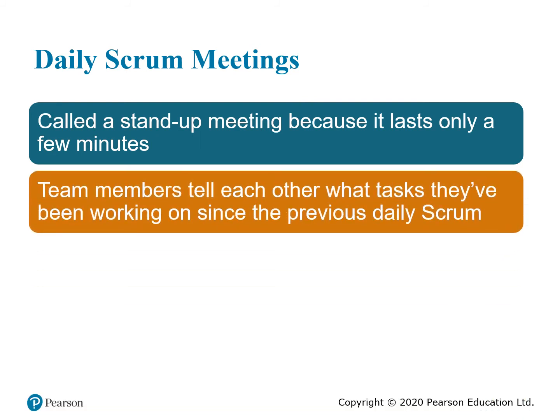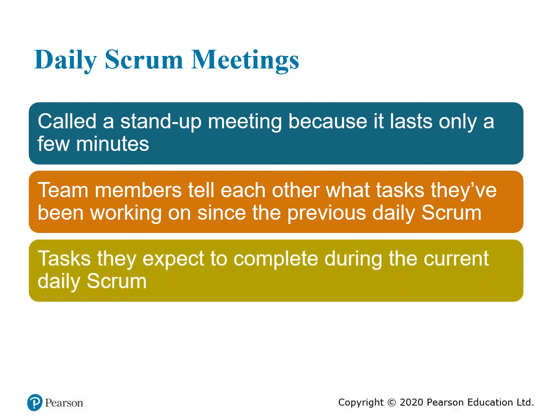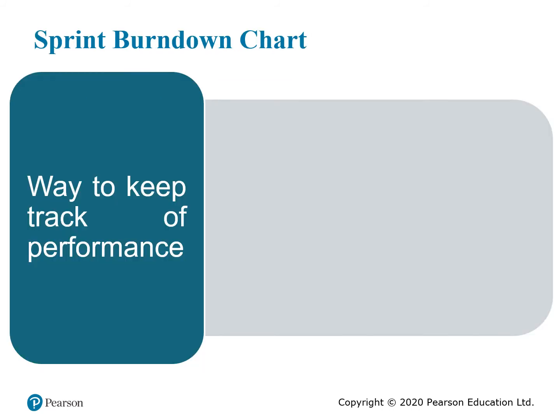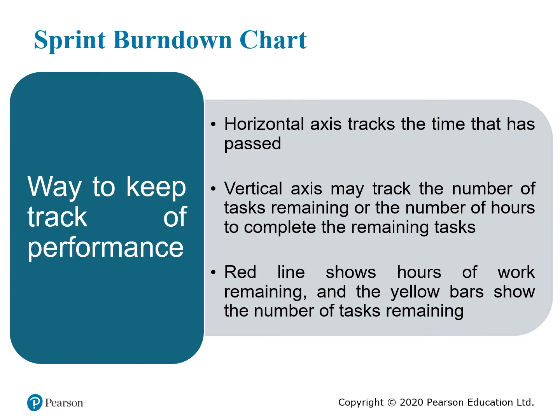It focuses on reviewing or sharing the tasks that the team members have been working on since the previous daily Scrum, which is yesterday, and also discussing the tasks they expect to complete during the current daily Scrum, and any obstacles or issues facing the team members while achieving the task.